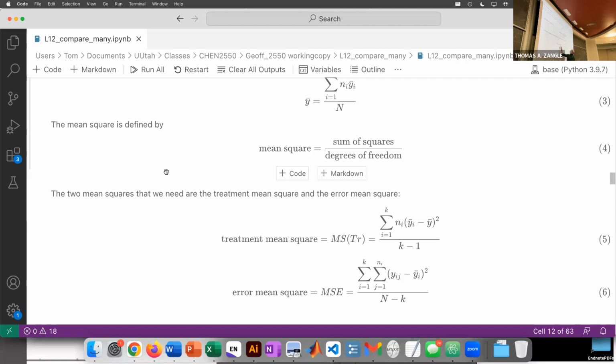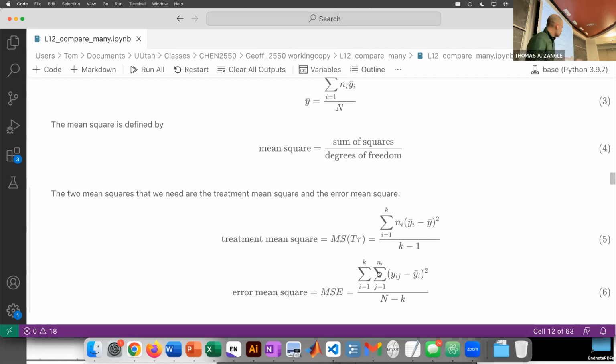This treatment mean square tells us something about how different the mean for each one of those player positions was from the overall mean, if we ignored player position. It's doing this in terms of a sum of squared error, weighted by the number of observations within each one of those groups. The degrees of freedom here is just the number of groups, k minus 1. So that's the treatment mean square.